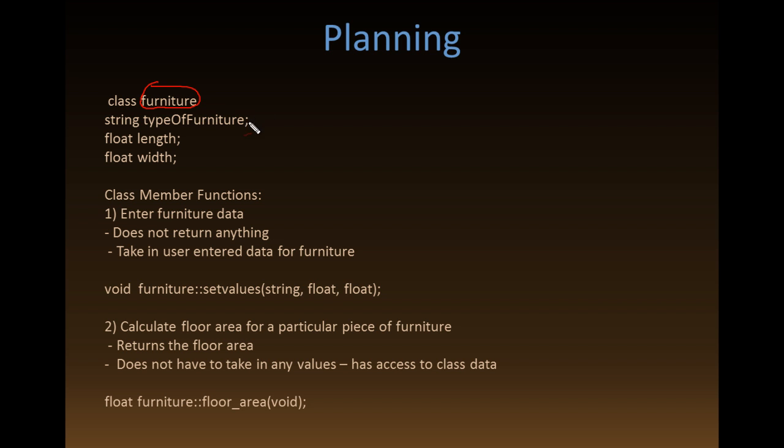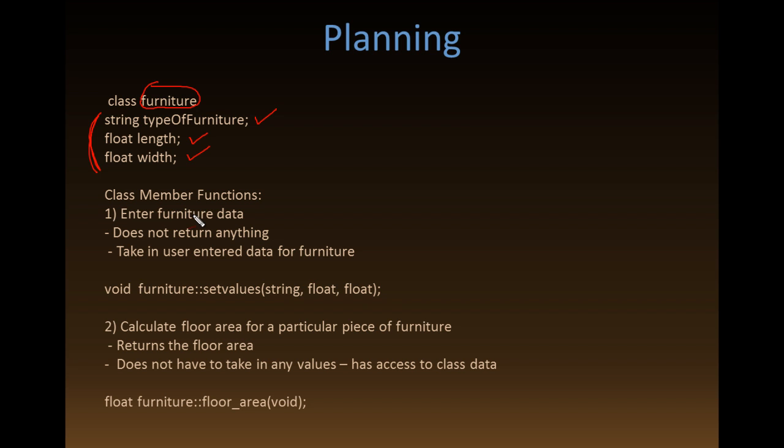So we've got a string, which is the type of furniture, a float, which is the length of the furniture, and a float, which is the width of the furniture. Then we have the functions that go along with the class. So they're member functions of the class, and they have access to all of this data here.